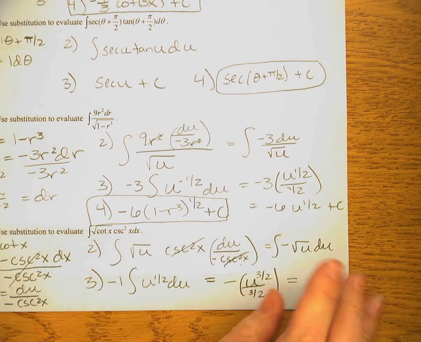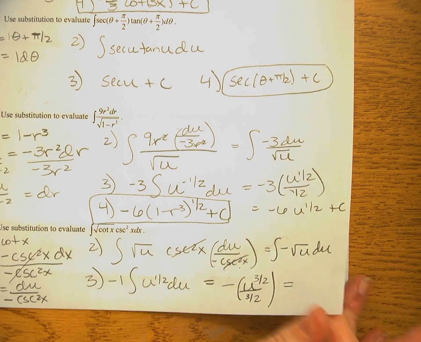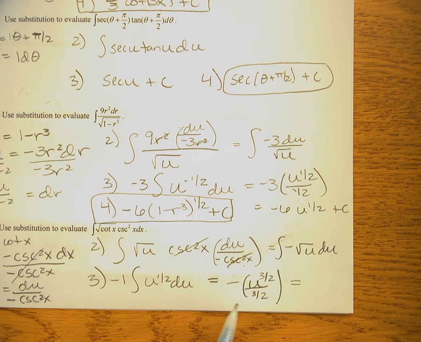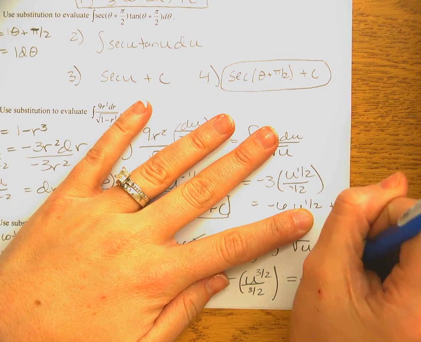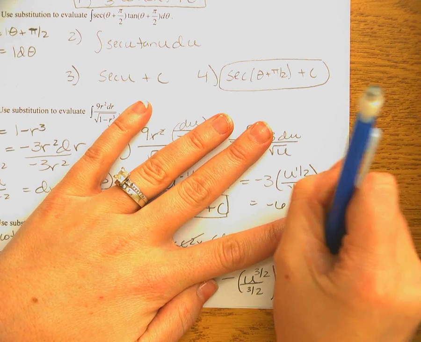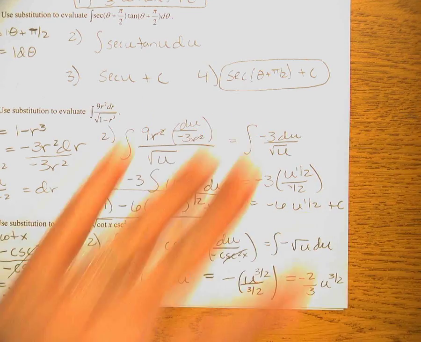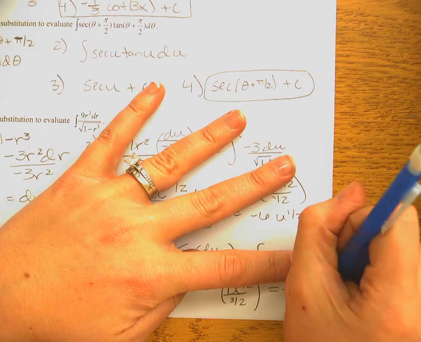And I ran out of room. So I'm going to go to the back. So then dividing by 3/2 is the same as multiplying by 2/3. Here, I can squeeze that part in. So we'll do negative 2/3 u to the 3/2, and then plus a constant.